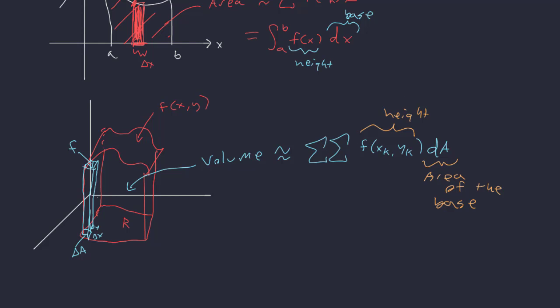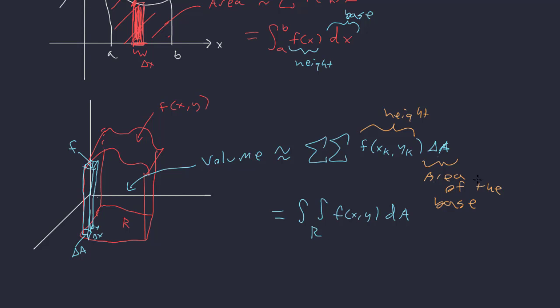So this comes out to be the double integral, okay, over R of f of x y dA. And I totally jumped the gun here. I was right the first time.